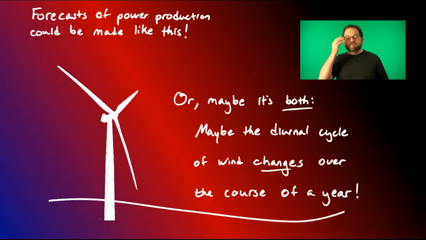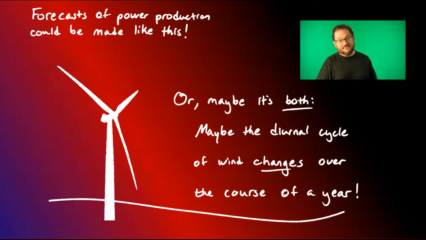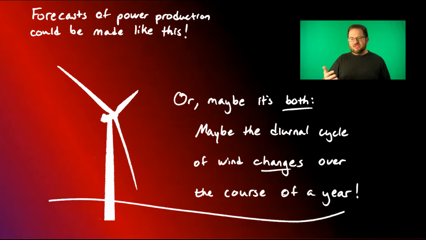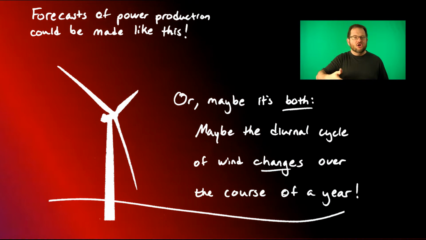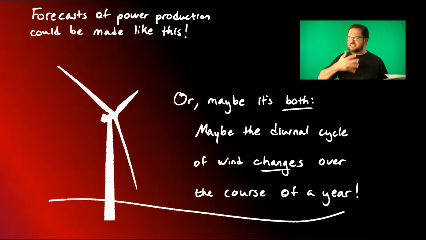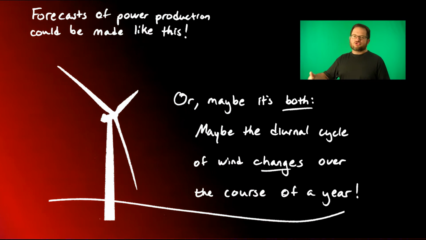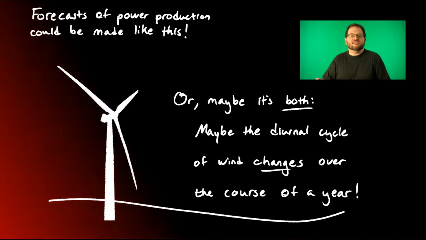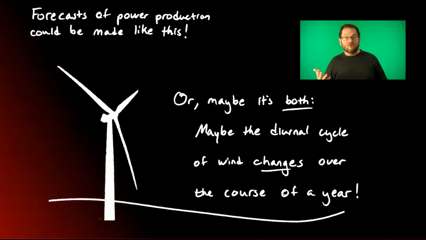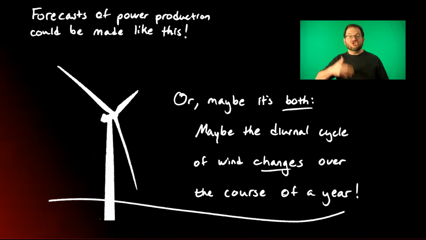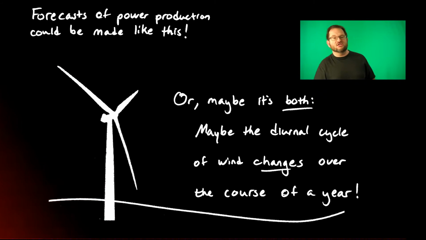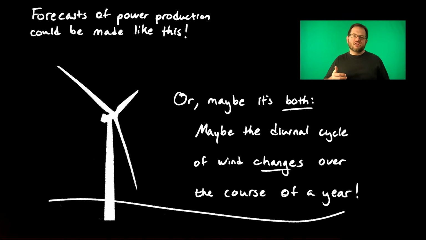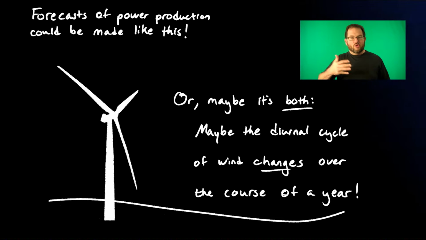For that matter, maybe it's both. Maybe there's both an annual and a seasonal cycle to the winds at your location. For example, maybe there's a small diurnal cycle in the winter when the winds overall are weaker, let's just say, and in the summer the winds overall are stronger, and there's a stronger diurnal cycle to the winds. I can envision that there's parts of the world where that would be true, where there's both a changing annual cycle and a changing diurnal cycle, and you might have to simulate the wind by knowing those statistics, right?